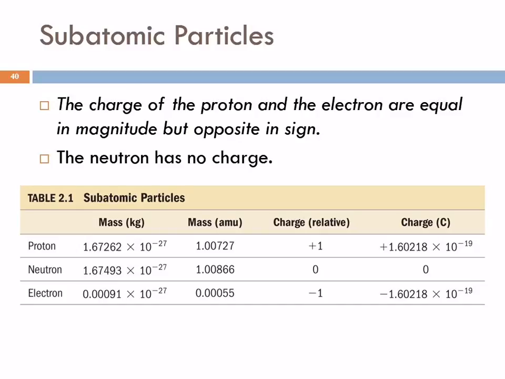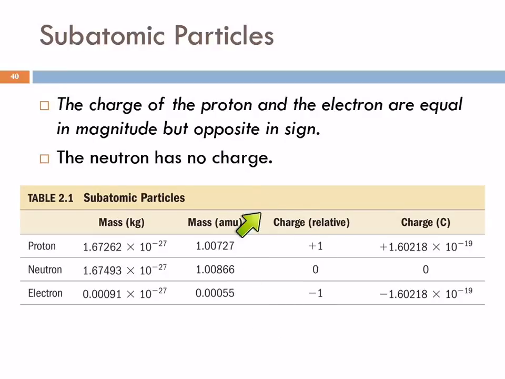We know that the charge on an atom is 0 overall. They do have electrons and protons inside. The electrons are negative, the protons are positive. Their charges are equal in magnitude but opposite in sign. So the proton, we say, is a +1, the neutron is 0, and the electron is -1.